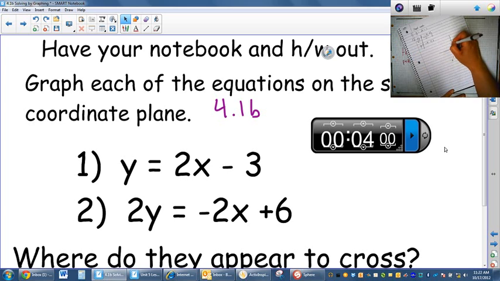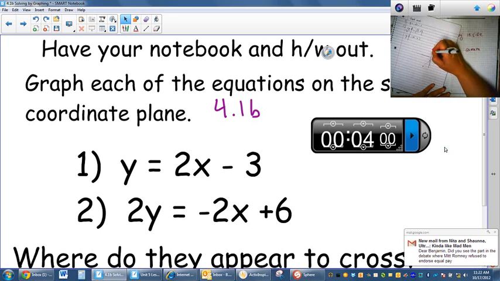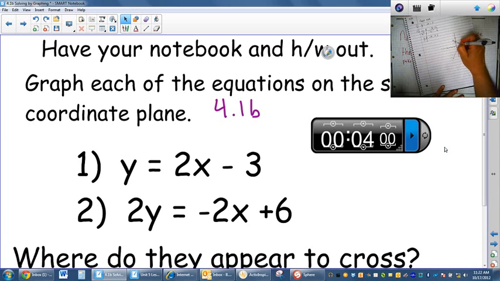Tristan? Y equals mx plus b. We can see that the first problem, number 1, is in y equals mx plus b. Number 2 is not. You're going to have to do 1 step to get into y equals mx plus b. And then once they're in y equals mx plus b, we get our first point by finding the y-intercept. And then we just use the slope, which is right over 1, and we count in there.